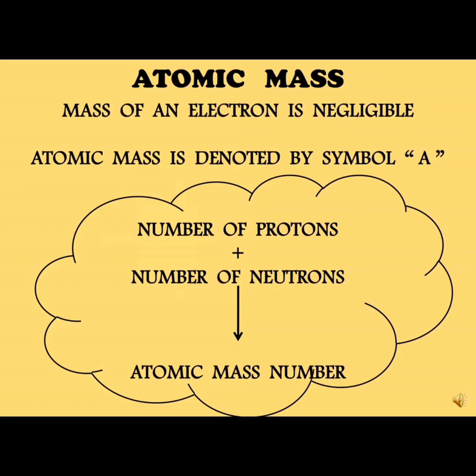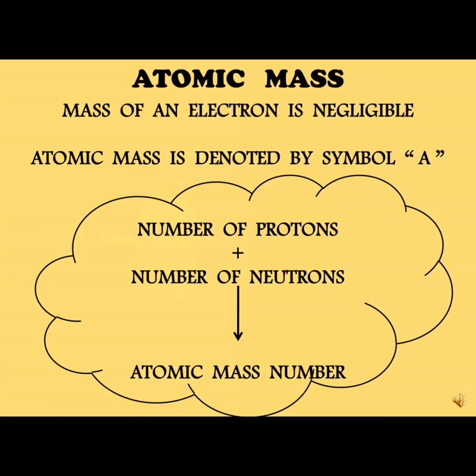Now let us look at what is atomic mass or atomic mass number. Now you will realize that the mass of the electrons or the weight of the electrons is negligible. It means that it is very small. So even if we consider that the mass of the electron is 0, it will be fine. So whenever we are doing any calculations, we do not consider the mass or the weight of an electron.